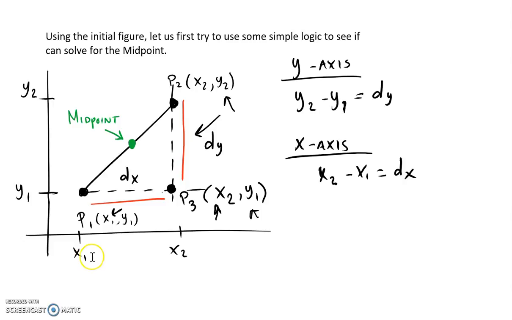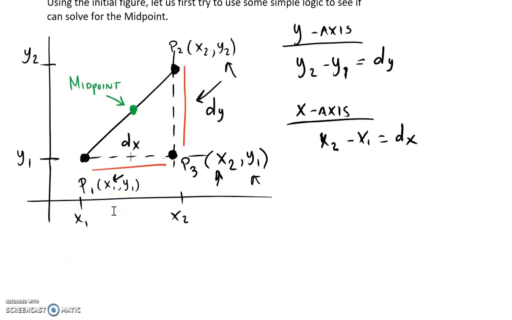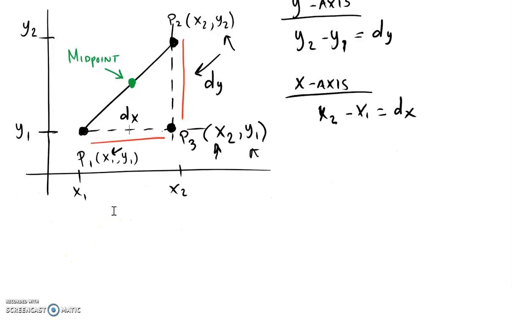Now, the reason we want to find the distance of these two lines is because the halfway point of each of these lines, let's choose blue for this, so let's call this about the halfway point of that x line and about halfway for that y line, right? What this is going to do is give us our x coordinate for the midpoint and our y coordinate for the midpoint.